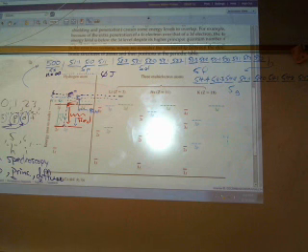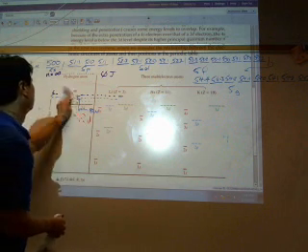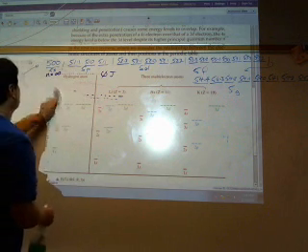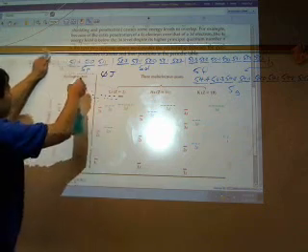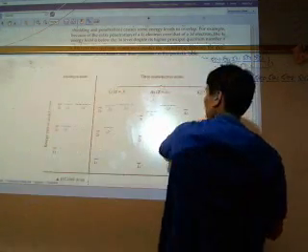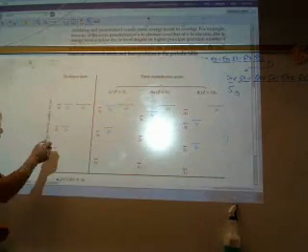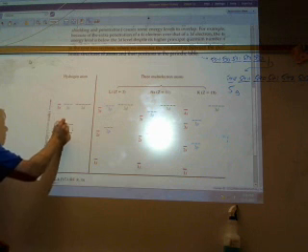Now comes the question of why the 2s and the 2p have totally different shapes.